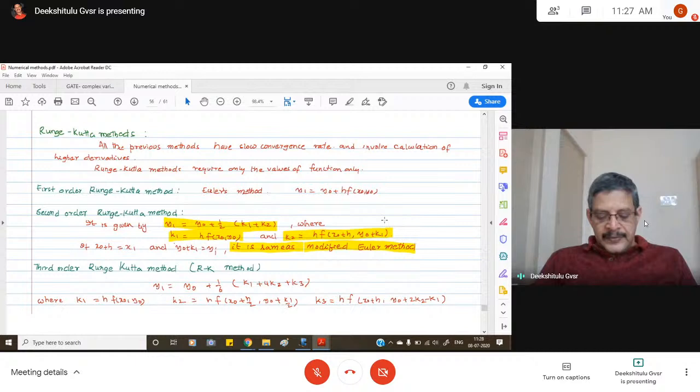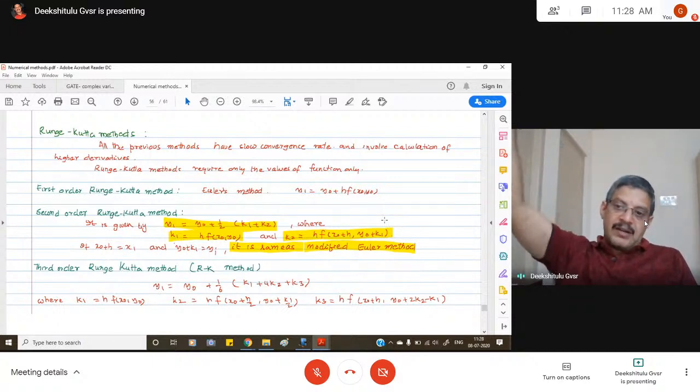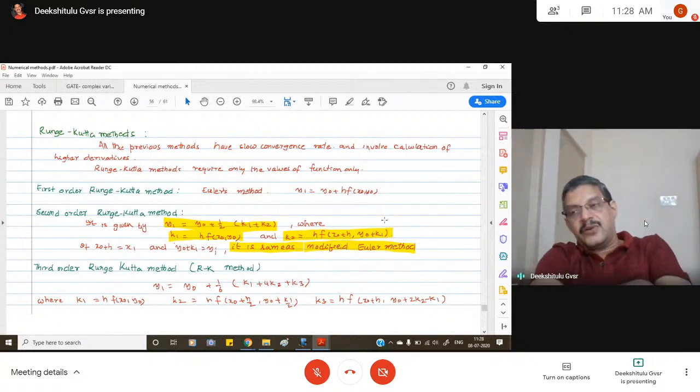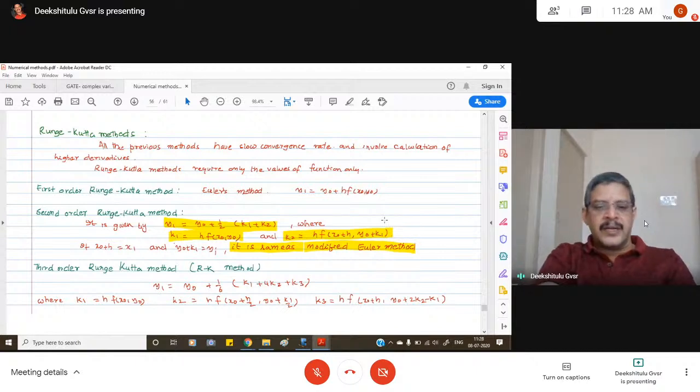Particularly in the Taylor series, y of x is equal to y of x0 plus h into y dash x0 plus h square by 2 factorial y double dash, h cube by 3 factorial y triple dash, and it goes on. If you require more accuracy, you have to calculate till the nth derivative of y. For the second and third derivative itself, we found it difficult. So the higher order derivative calculation is not that easy.